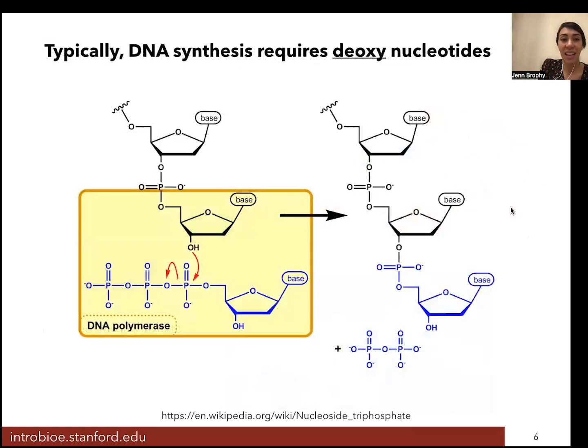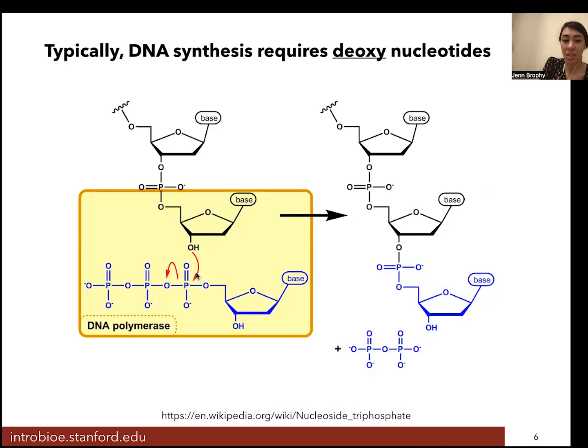Now, usually DNA synthesis requires deoxynucleotides. So here's the sugar backbone, the base, that A, T, C, or G is just indicated by this little circle that says base here, but just imagine that there are nucleosides here. And then the sugar backbone has an OH group at one end and a triphosphate, that's what these things are, at the other end.